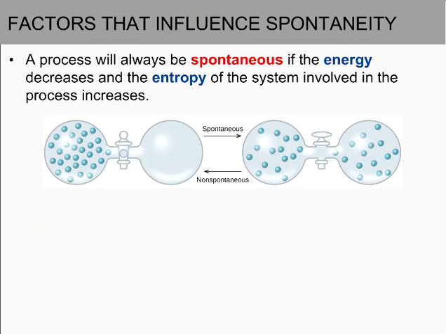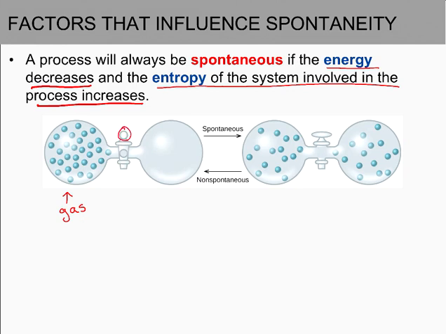All right. So in general, a process will always be spontaneous if the energy decreases and the entropy or disorder of the system involved in the process increases. So down below we have an example where there's a gas in one side of this apparatus where we have two different glass bulbs connected together.